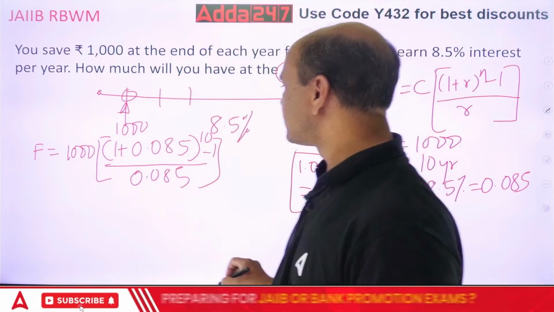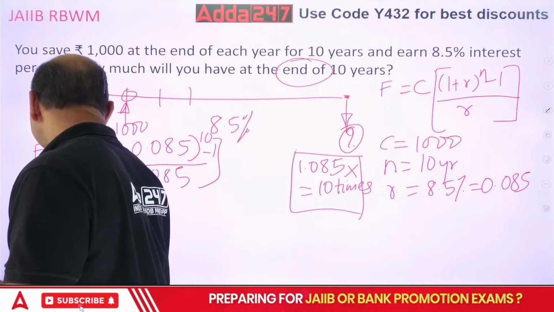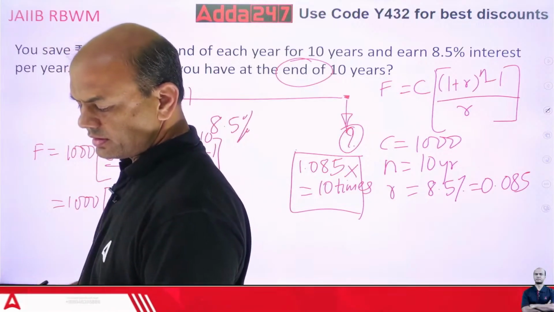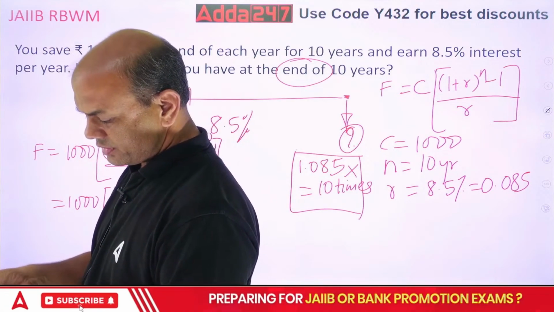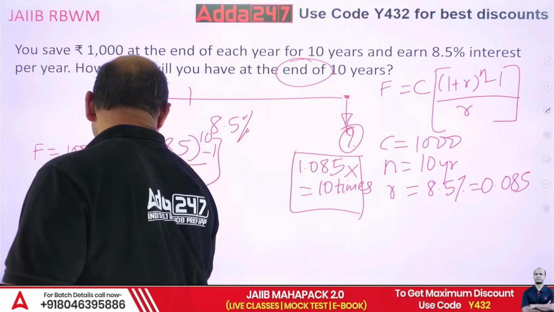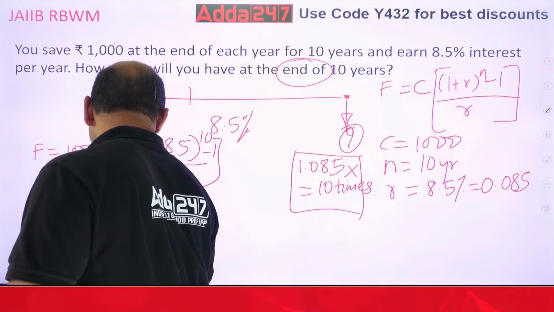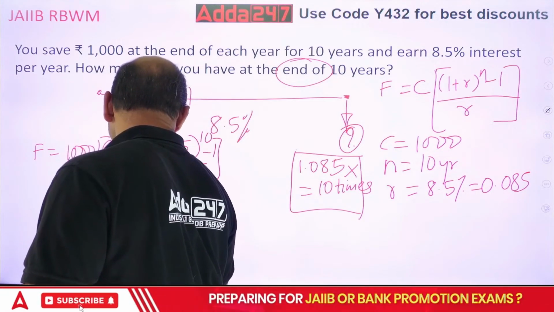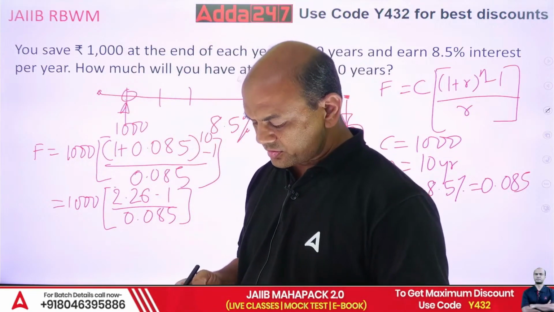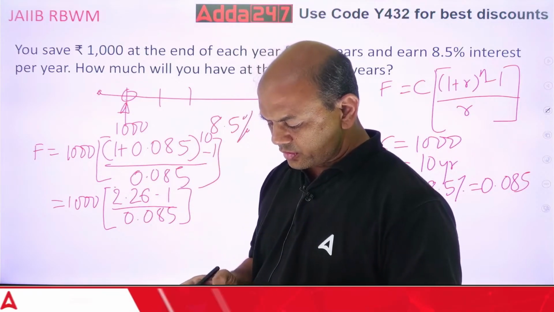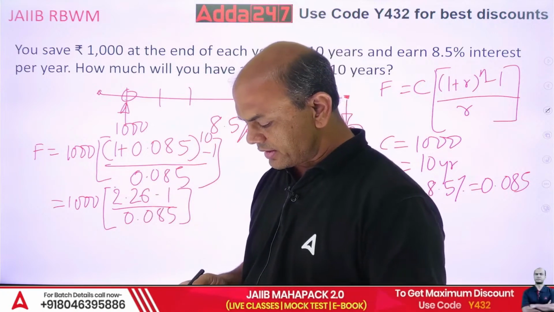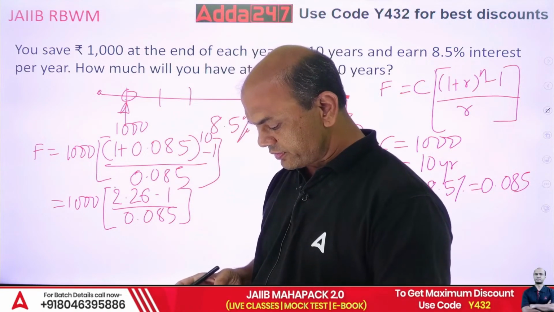So get the answer. It is 1000 into 2.26 minus 1 upon 0.085. Now solve this. 2.26 minus 1 means 1.26, divided by 0.085.